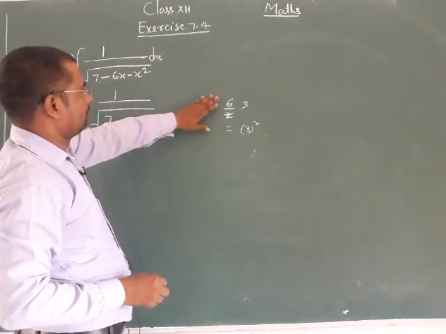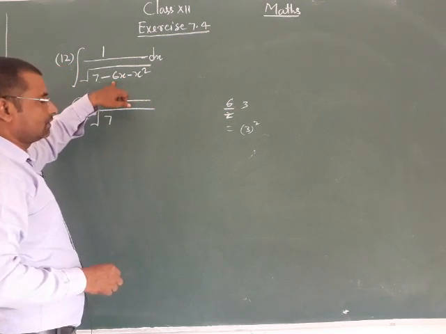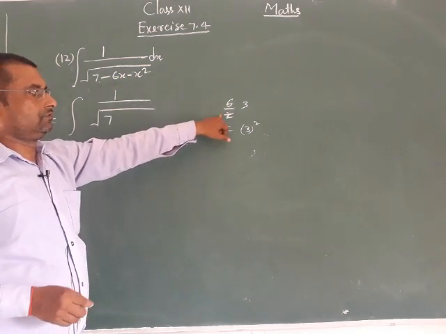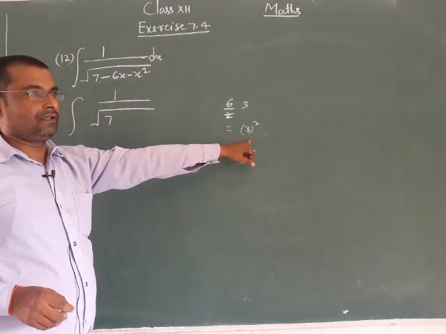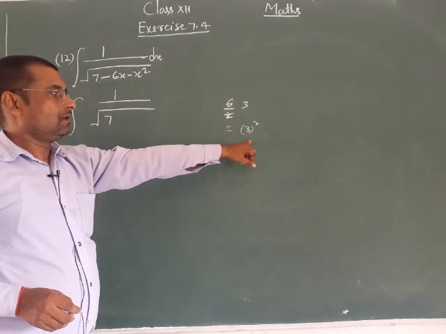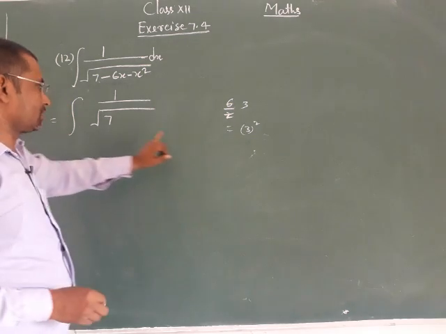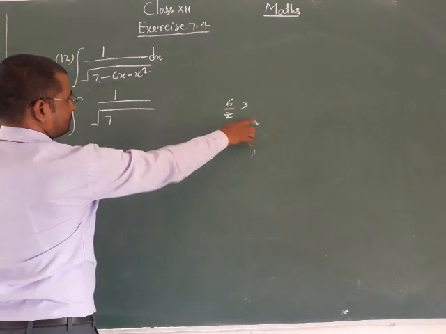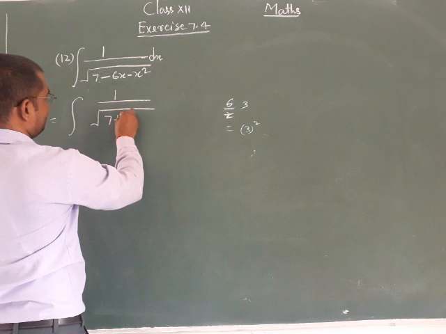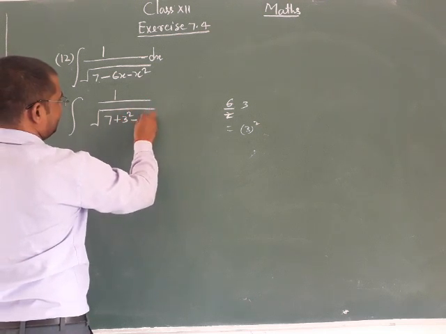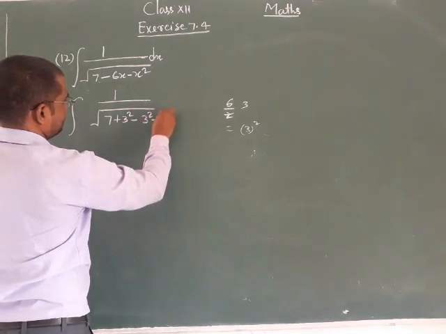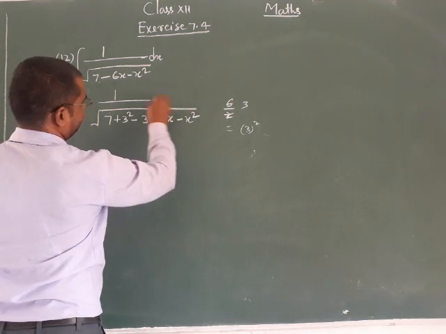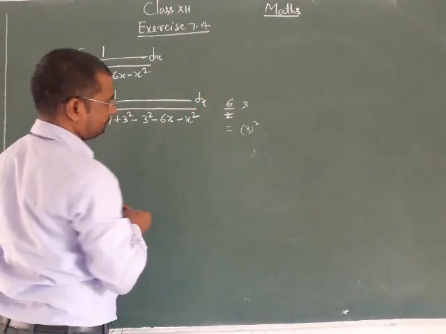We add and subtract 3 square, so plus 3 square minus 3 square, and minus 6x minus x square and dx.